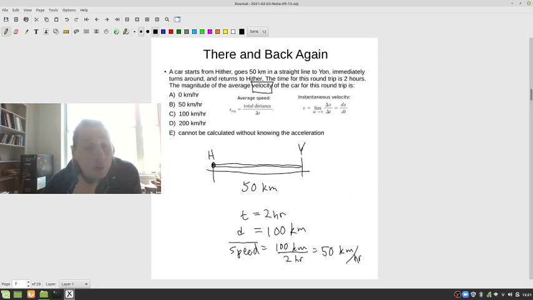The total displacement then is 0 kilometers, and that means your average velocity is 0 kilometers per hour. Now that seems funny, but keep in mind velocity has a direction. Positive velocity means you're going forward. Negative velocity means you're going backward. And if you have the average of those, a positive and a negative, you're getting that overall 0.